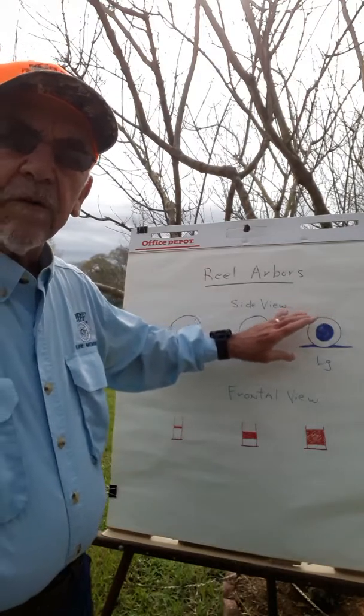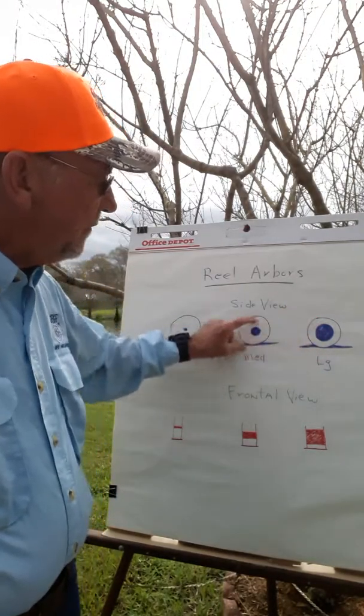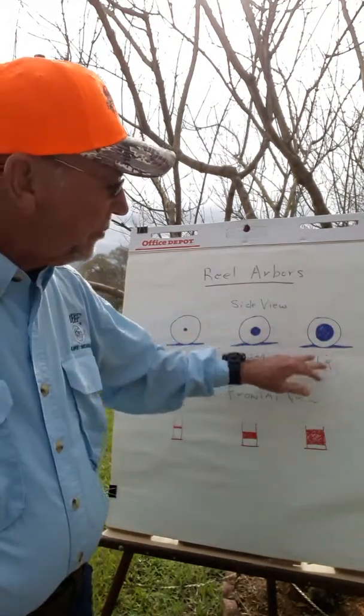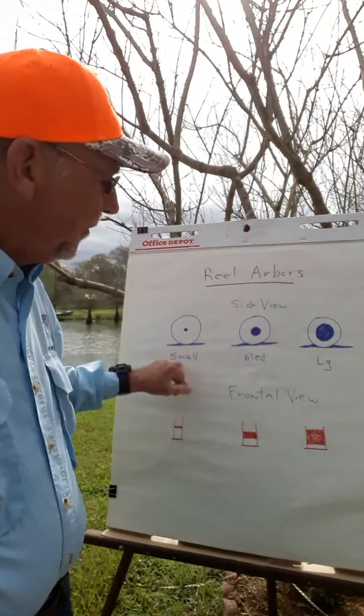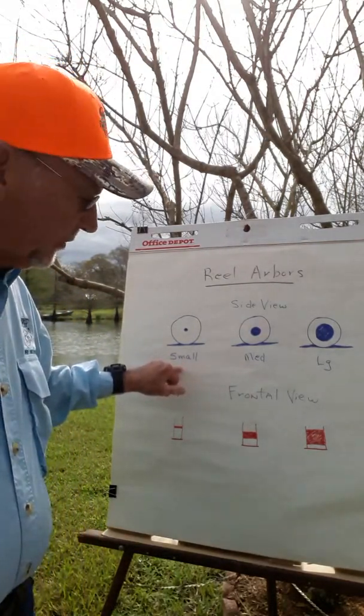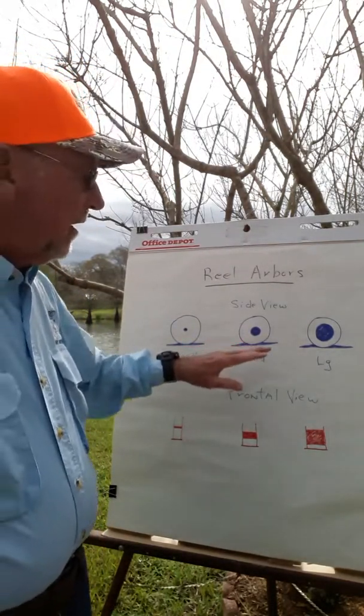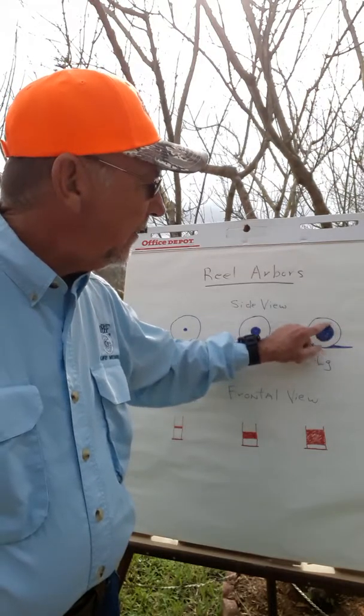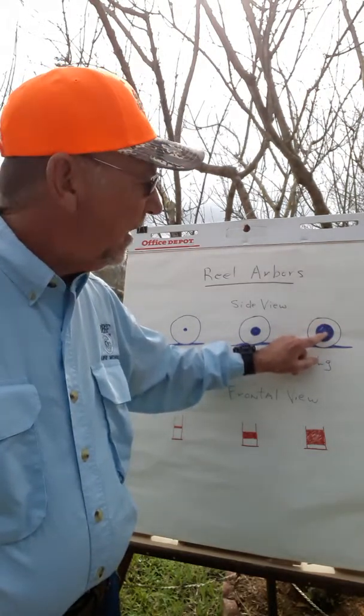If we look at a typical reel from the side view, you have large arbor, medium arbor or mid arbor, and small arbor reels. The large arbor reel has a centerpiece that you would tie the backing to that is considerably large.